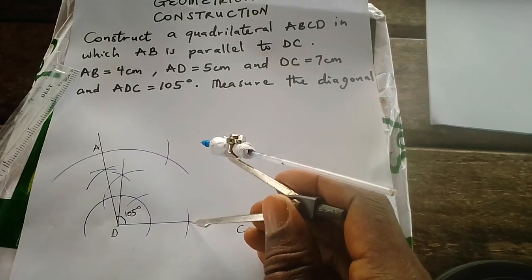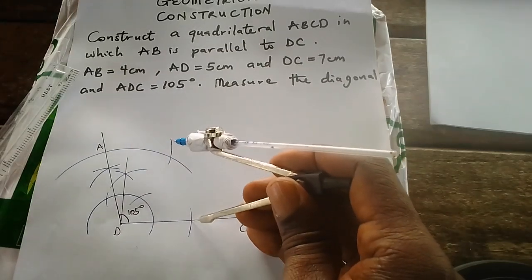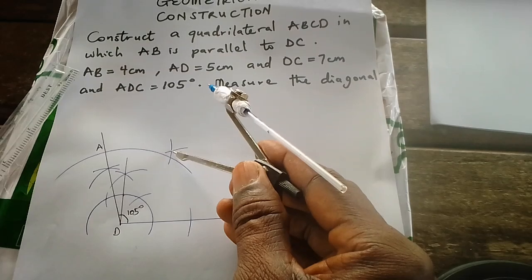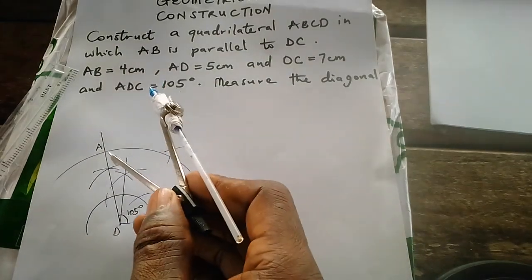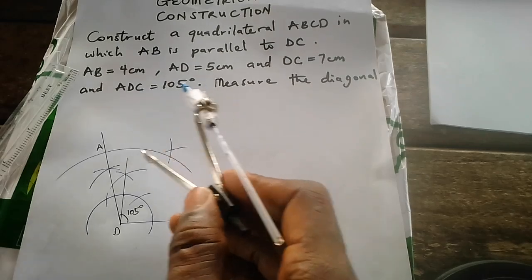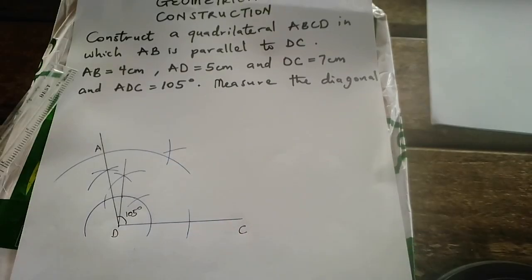I'm just trying to get a parallel line to this line. So that is why I'm now trying to draw 5 centimeter. So the point of intersection here, you will now join it to this point here. So that means this line will give us a parallel line to this line here.